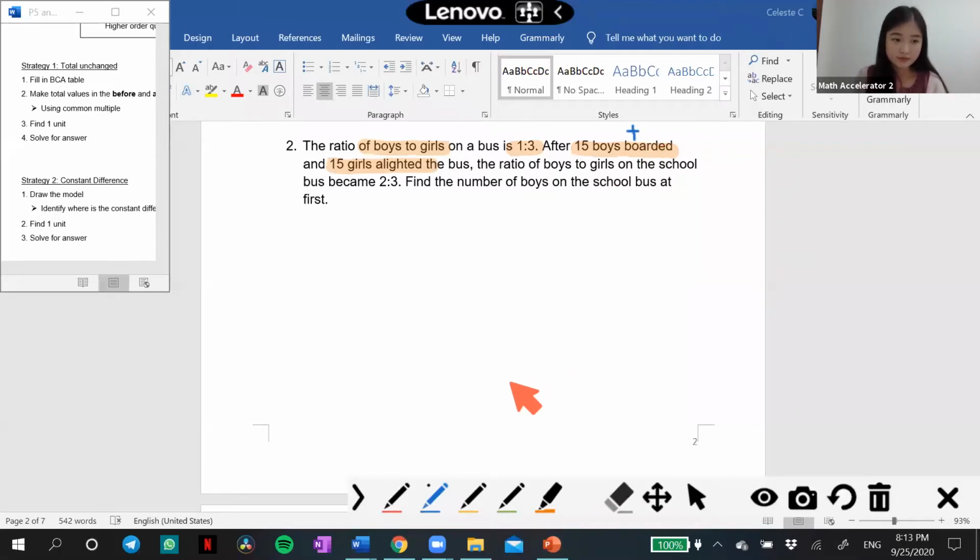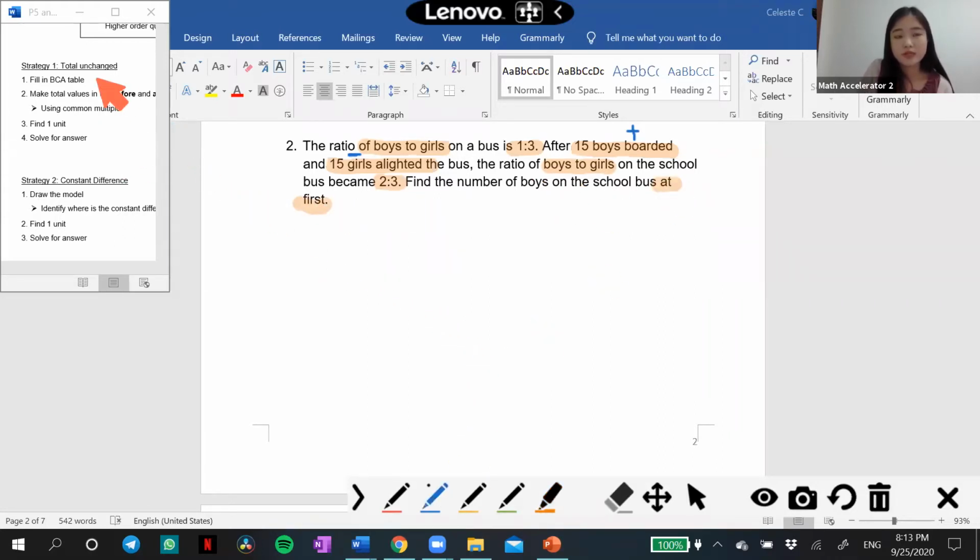Right, you're adding. Correct. Right, so alighted means minus. Right, after that happened, the ratio of the boys to girls on the school bus became 2:3. Find the number of boys in the school bus at first.